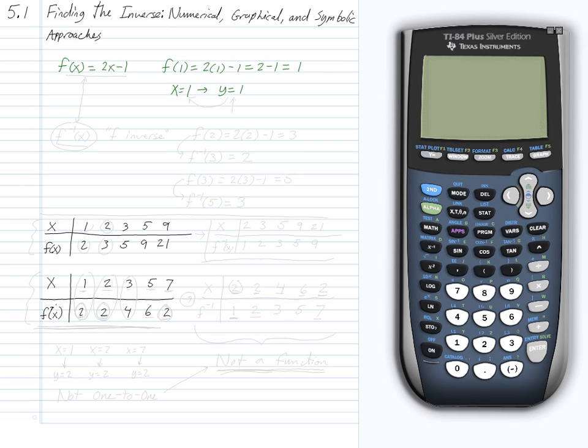So, for instance, we would like to find a function that takes this y value as its input and turns it back into the x value as the output. So, the notation for the inverse function, which is given in the notes for this section, we would say that given this function f, its inverse is denoted as f inverse of x.